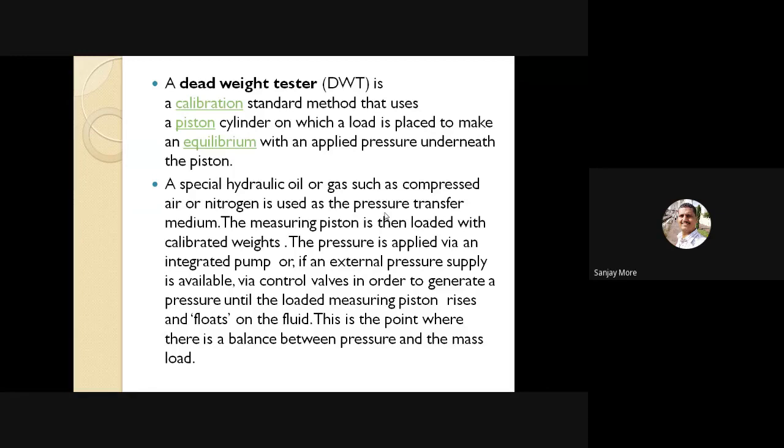The pressure is applied via an integrated pump, or if an external pressure supply is available, via control valves in order to generate a pressure until the loaded measuring piston rises and floats on the fluid. This is the point where there is a balance between pressure and the mass load.